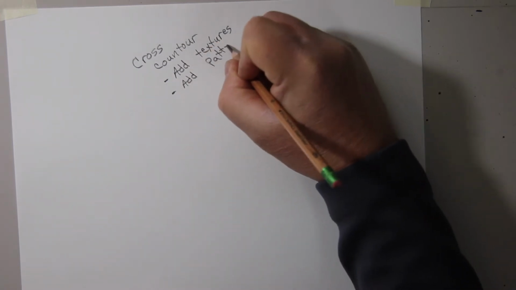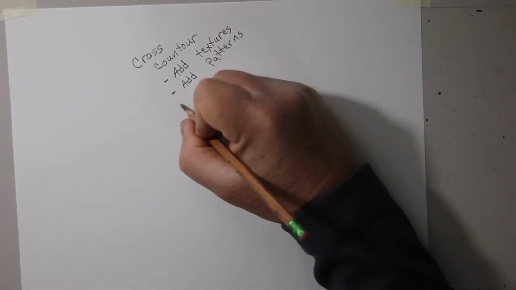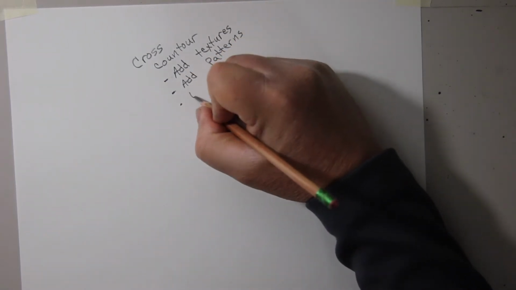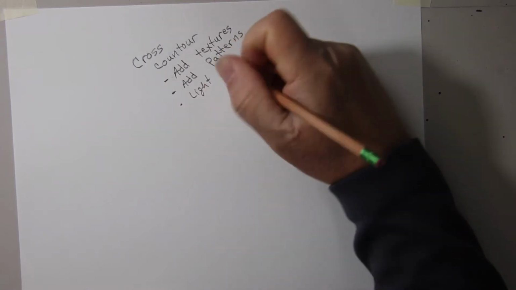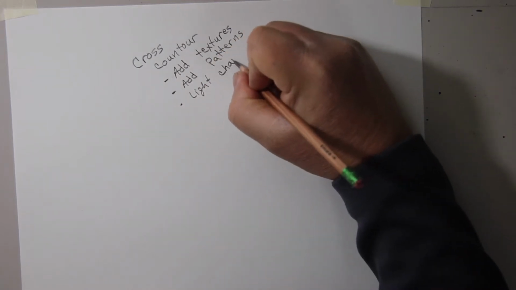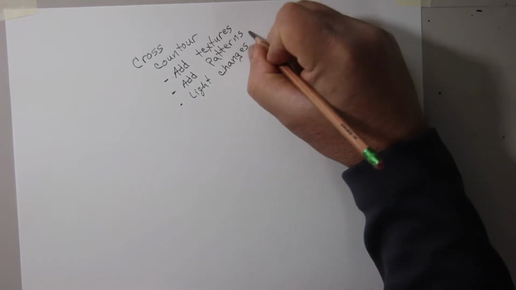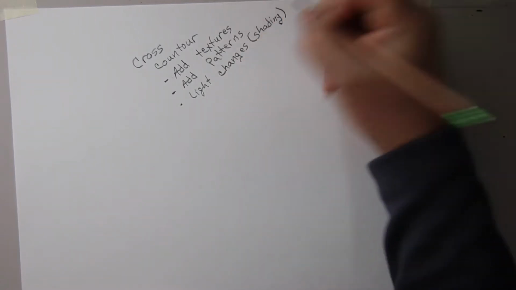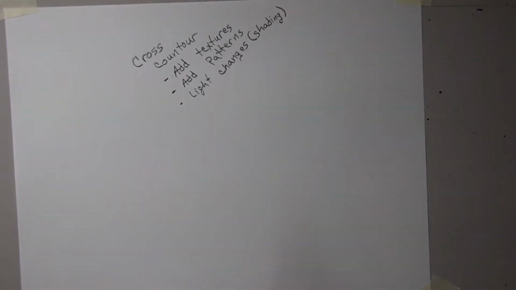They can help you add patterns to your drawings. And they can help with changing your values or your shading to your drawings. And by using cross contours, you can actually do your texture, your patterns, and your shading in a three-dimensional way.